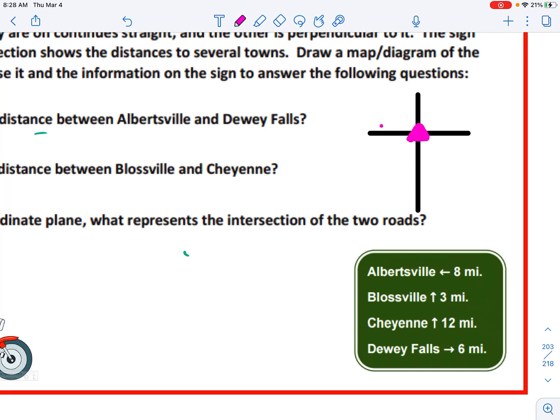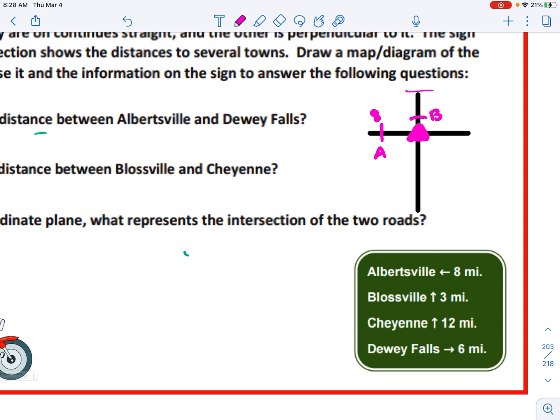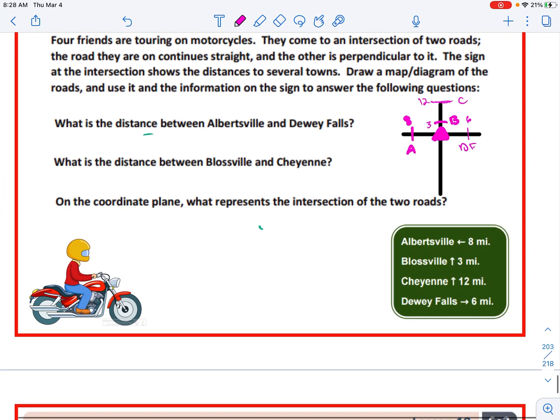So to the left 8 miles is Albertsville, and up 3 miles is Blossville. Up 12 miles is Cheyenne, and to the right 6 miles is Dewey Falls.